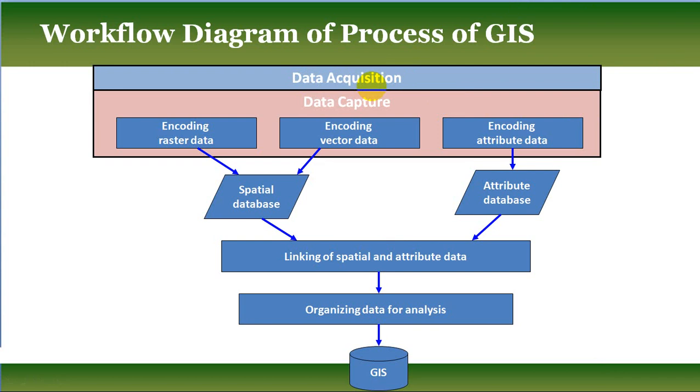Once you acquire data, you have to capture this data within the computer. You can capture your data either as raster data or as vector data. So this is the spatial data component. But for attribute data you also have to encode or enter attribute data within your computer.